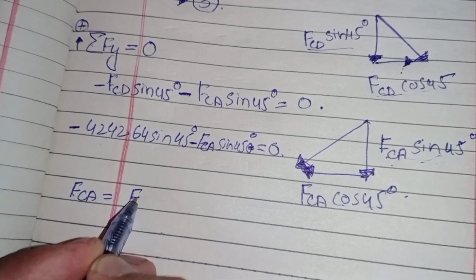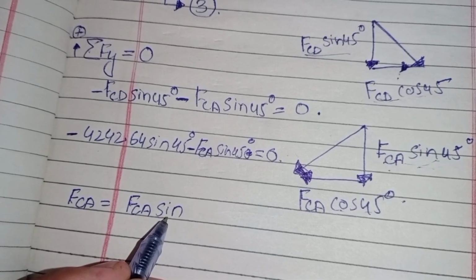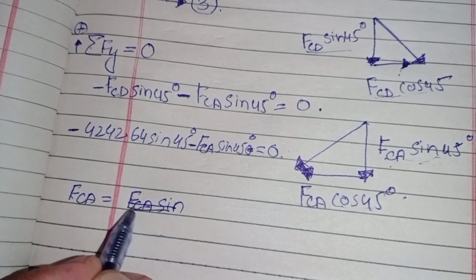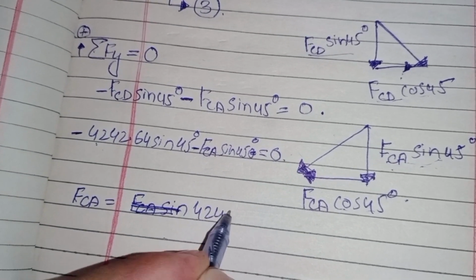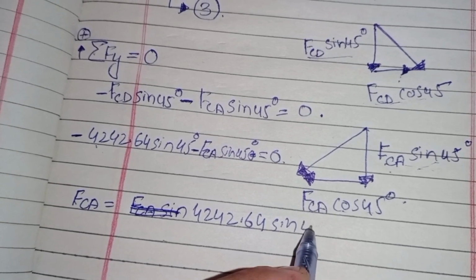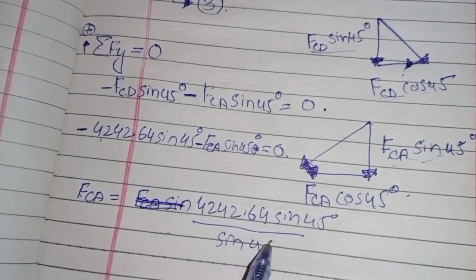So FCA sin 45, sorry, I will move that 4242.64 sin 45 divided by sin 45.